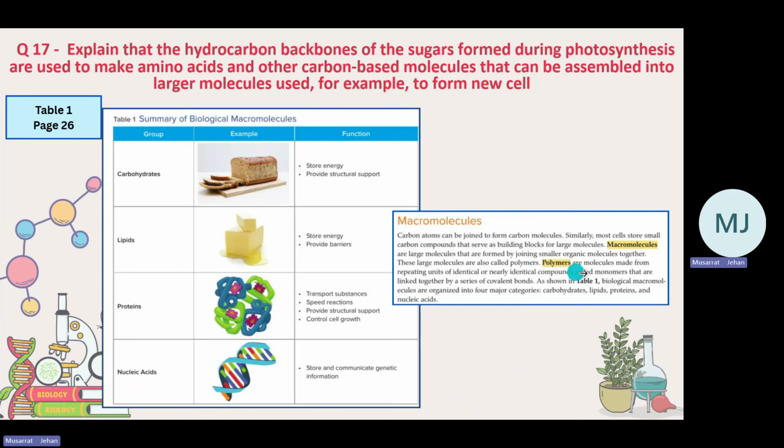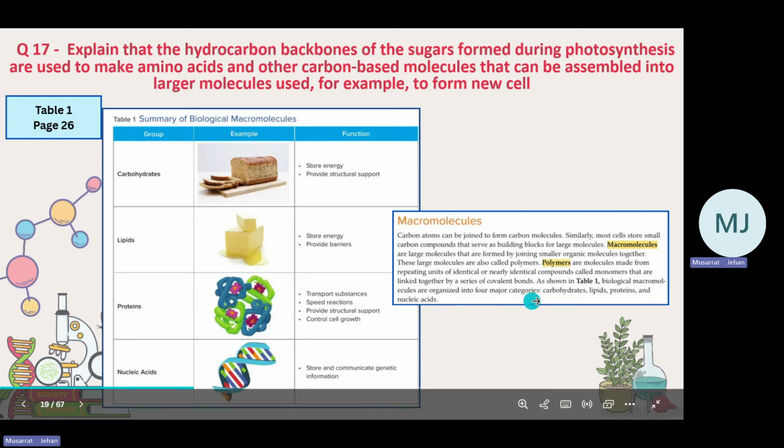What are polymers? They are molecules that are formed from repeating units of identical or nearly identical compounds called monomers. So monomers are small compounds and they are repeating. They go on repeating to form bigger compounds which are called polymers. They're linked together by a series of covalent bonds.